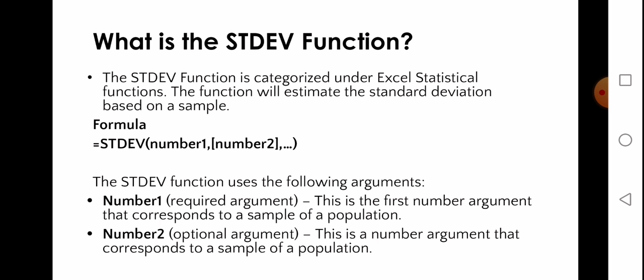STDEV can be useful in using the annual rate of return on an investment to measure its volatility. A risky stock will show a higher standard deviation, while a safer stock, such as blue chip companies like Apple or Coca Cola, will show a lower standard deviation.